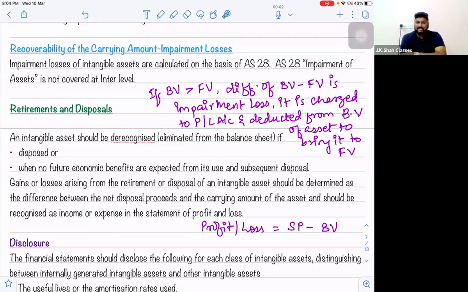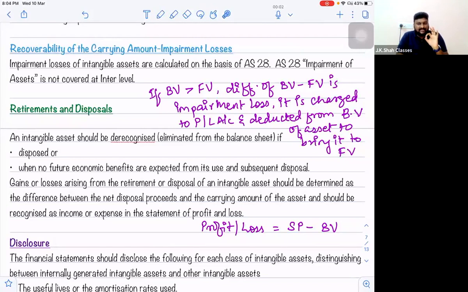In these two cases, eliminate the intangible asset from your balance sheet. And when you eliminate it, there can either be a profit or loss on elimination, that is disposal. That profit or loss will go directly to the P&L account as an income or an expense, as the case may be. It's that simple. No new thing. Only this one new point.